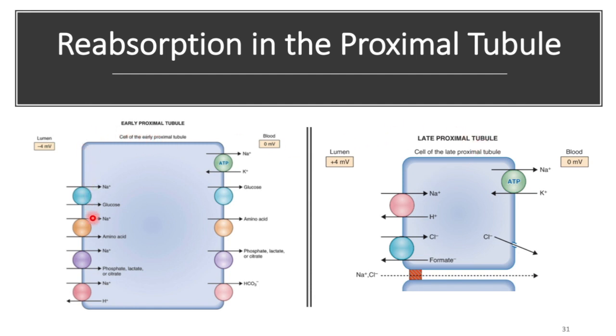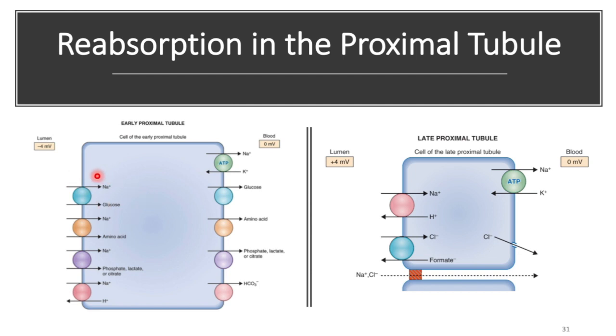So this is the cell of the proximal tubule. This is the lumen, meaning that this is the luminal membrane of the cells, and this is the blood in the peritubular capillary, meaning that this is the basolateral membrane. So in the early proximal tubule, sodium is reabsorbed from the lumen into the cells via co-transport, such as sodium glucose co-transporter. This is also called SGLT, which stands for sodium dependent glucose transporter.